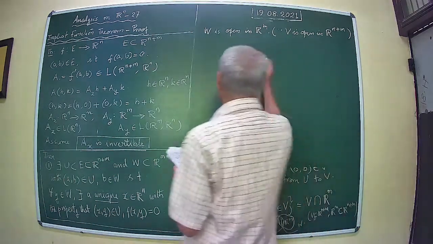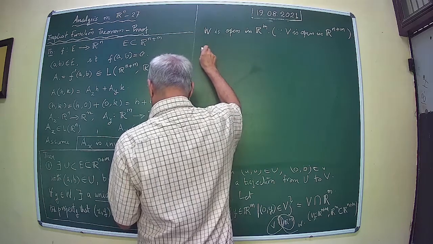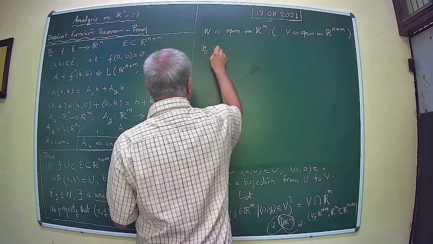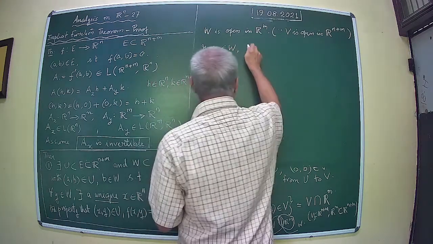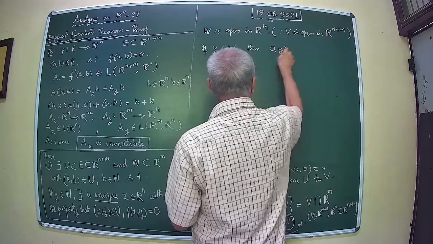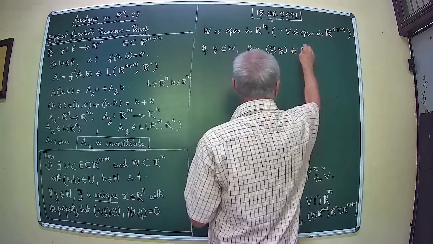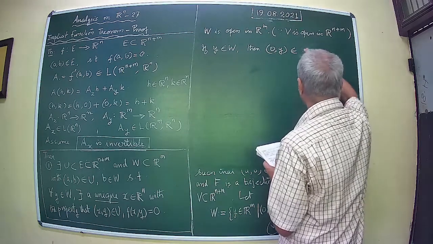Now suppose, if y is an element of W, then 0y belongs to what?